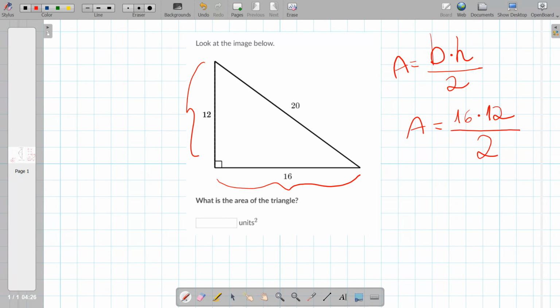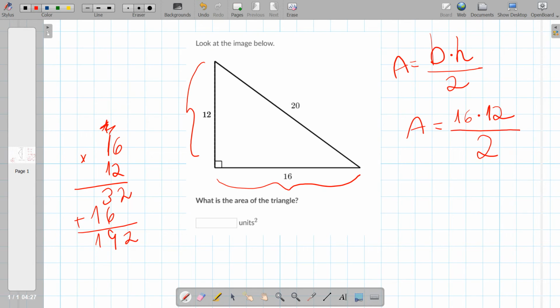So 16 times 12, 2 times 6 is 12, 2 times 1 is 2 plus 1 is 3. Okay, and 1 times 16 is 16, so 2, 3 plus 6 is 9, and 1.